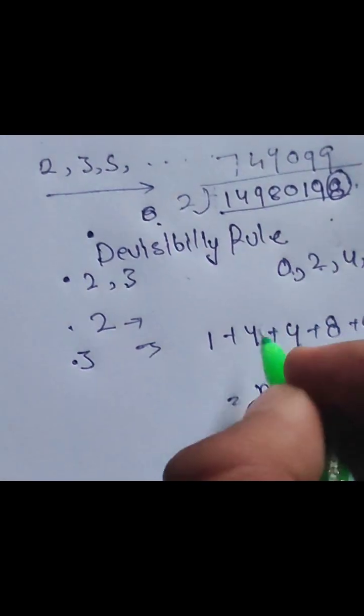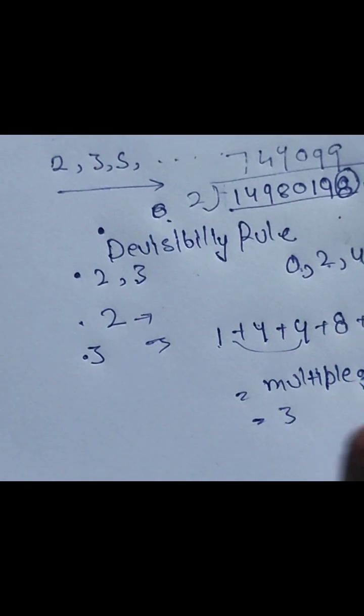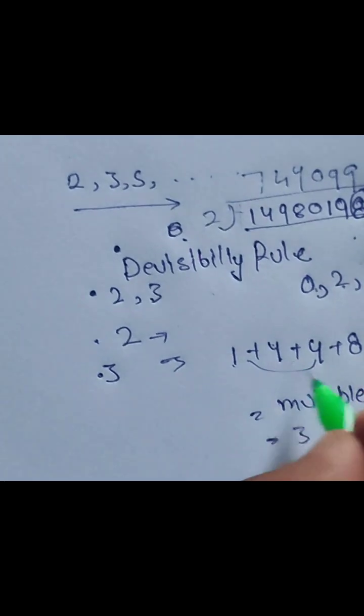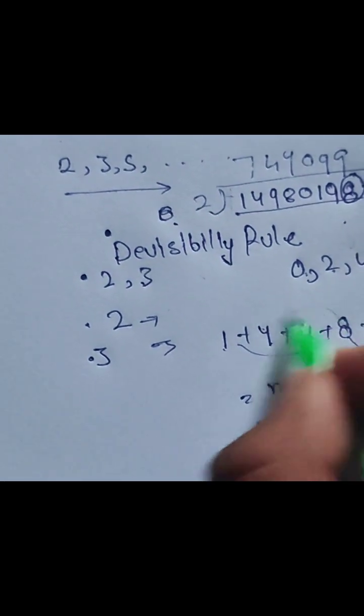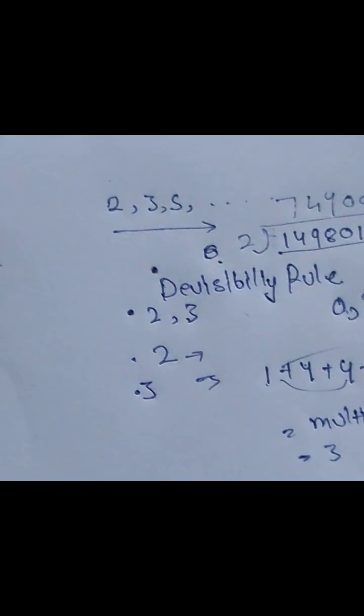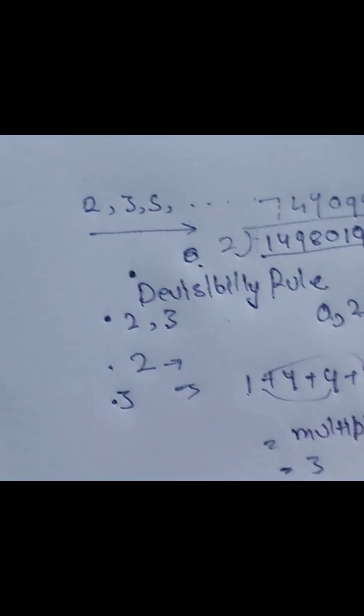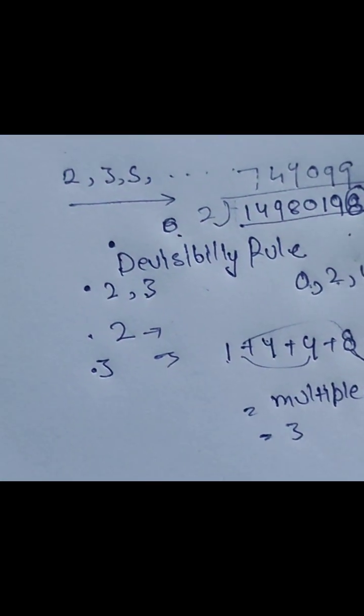Adding up: 10, 20, 20, 32, and 8 becomes 40. Since the sum of digits is 40, it is not divisible by 3.